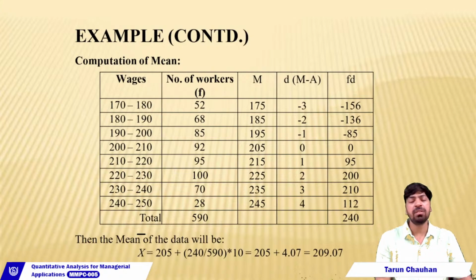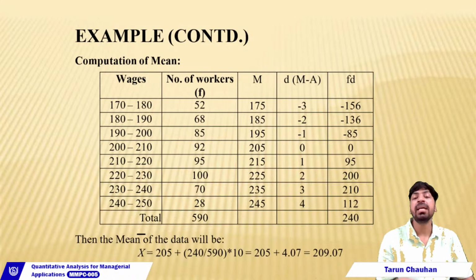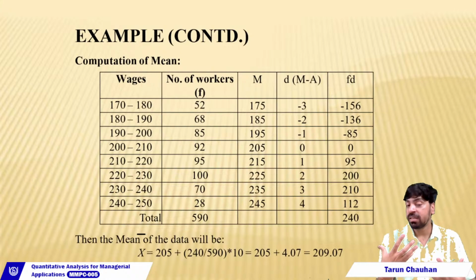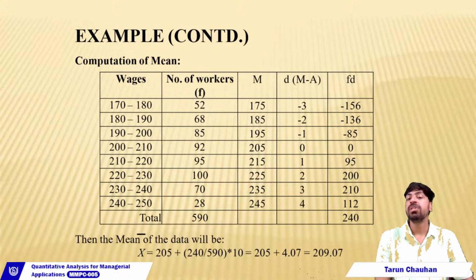You can choose any value, but it should be the central value, because it gives a true, or in other words accurate, description of a data set. That's why we choose the central value, which is called an assumed value. So in this particular question, 205 is the assumed value, that is A.